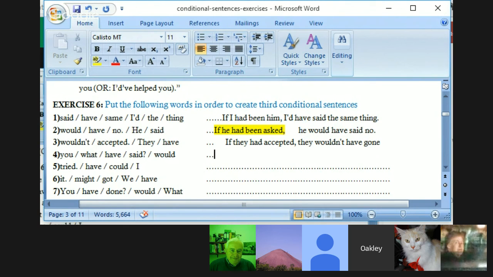Okay, Ken, you want to give it a try? Again, it might be easier to unscramble the result clause and then think what logical if clause would work with it. It would have gone. The question form.